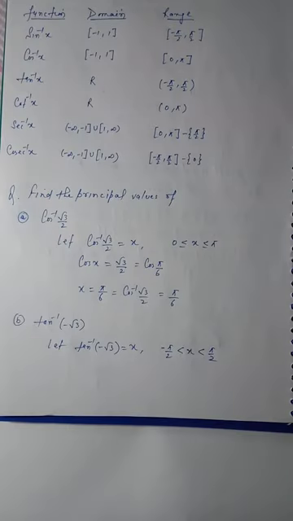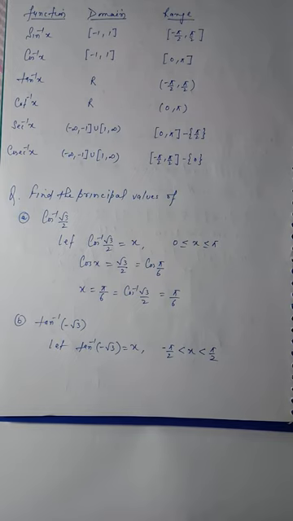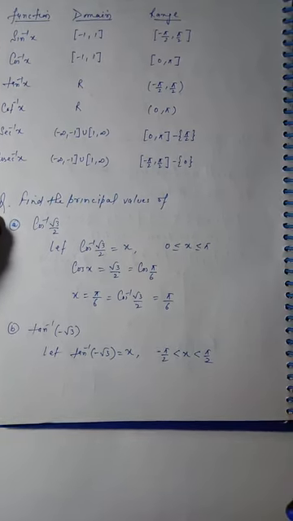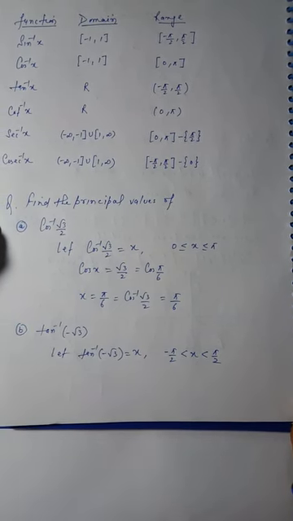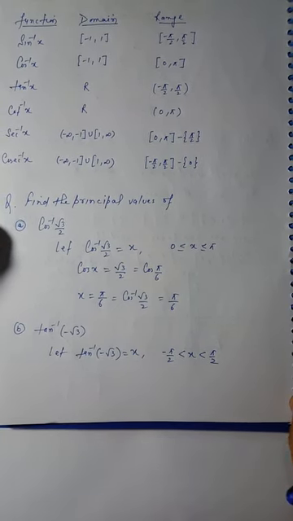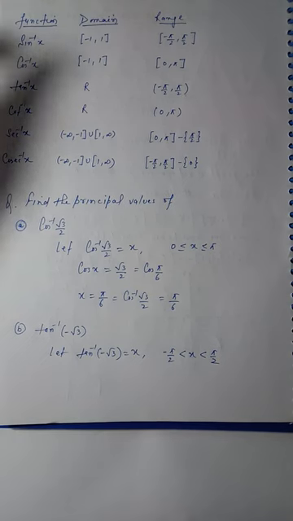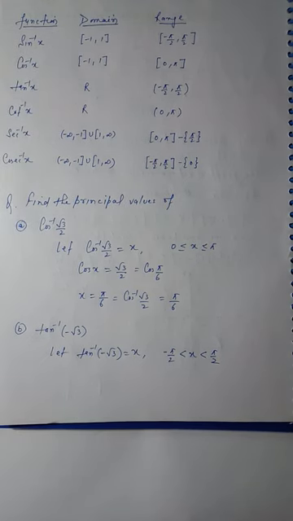Similarly, with the help of the graphs of cos, tan, sec, cosec and cot, we can understand in which interval the function is one-one onto and in which interval the inverse of the function exists. So this chart is very important and you must remember the domain and range of inverse functions.